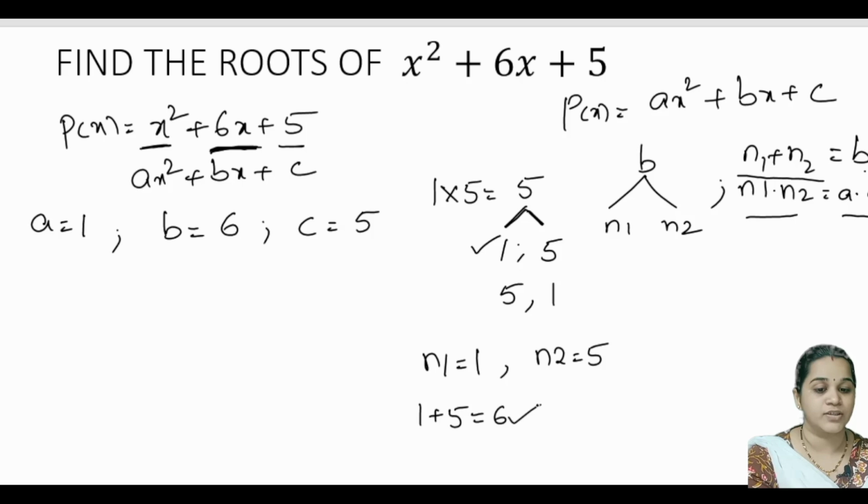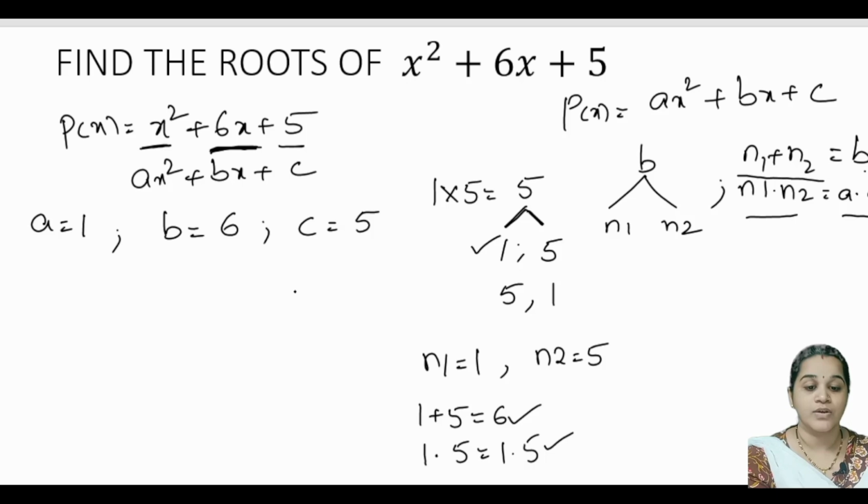So the first condition is satisfied, and the product of 1 into 5 is equal to the product of a and c. So the second condition is also satisfied, so we can split this b term 6 as 1 and 5.